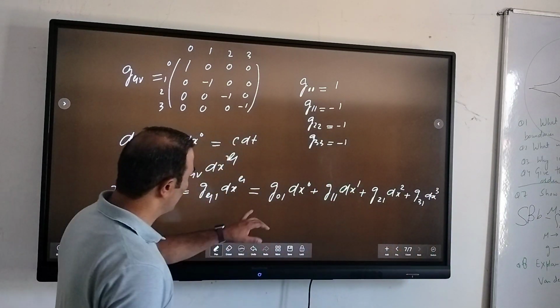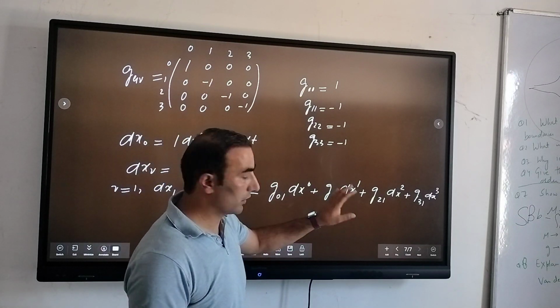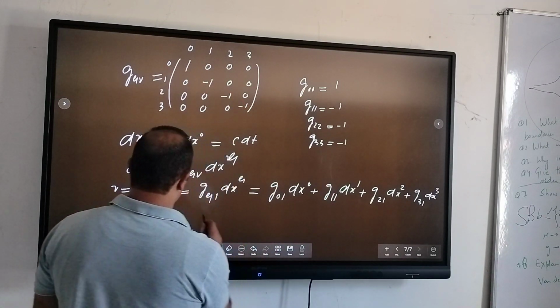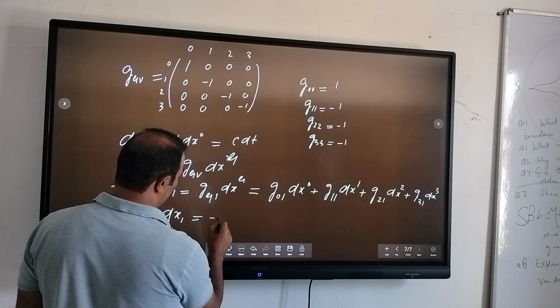Now because this g 0 1 will be 0, only g 1 1 will be here, that will be minus 1, right? So that means we'll get dx1 equal to minus dx.